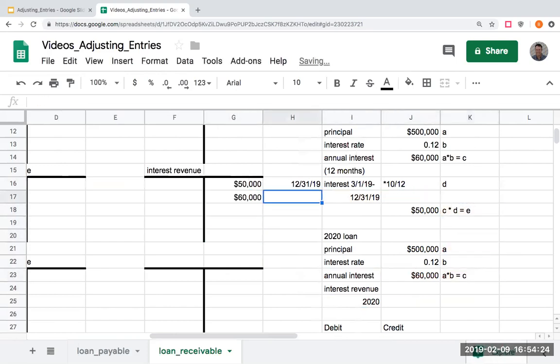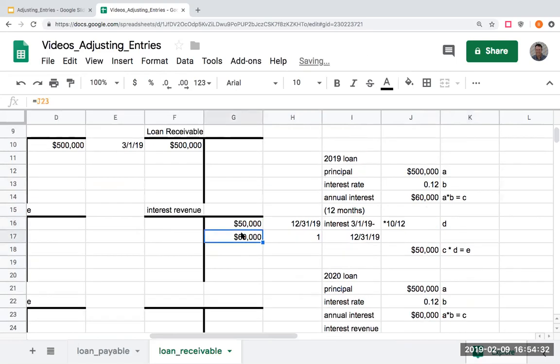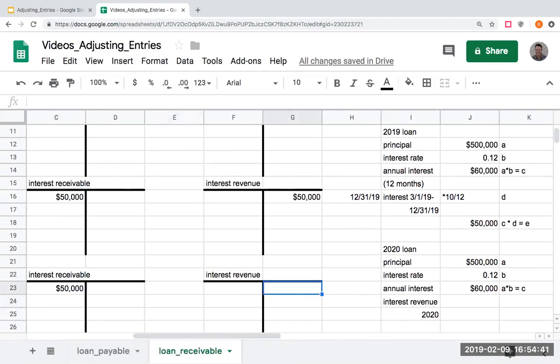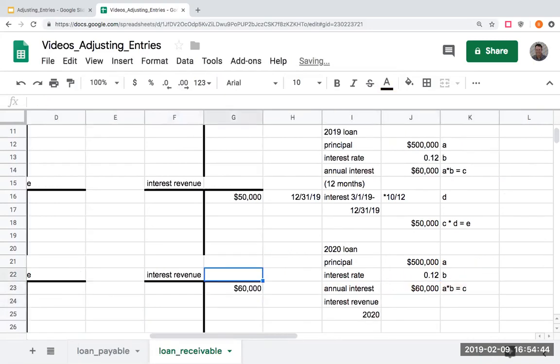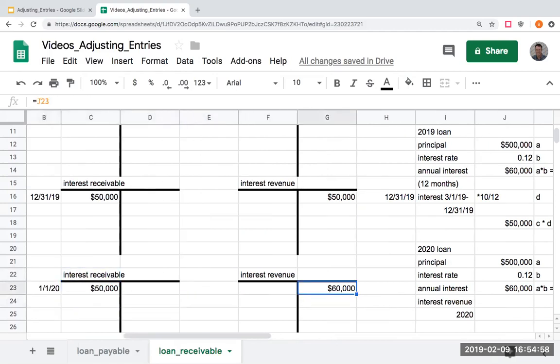So over here, I've got interest revenue. This is going to be from 1/1/20. Excuse me, I did this in the wrong place. Sorry, guys. So my interest revenue for this part here is going to be a credit for $60,000. Again, interest revenue at the end of the period gets closed out to retained earnings. Look at my prior videos on financial statement creation. But here, when I'm crediting interest revenue as of 12/31/20, what am I going to be debiting?